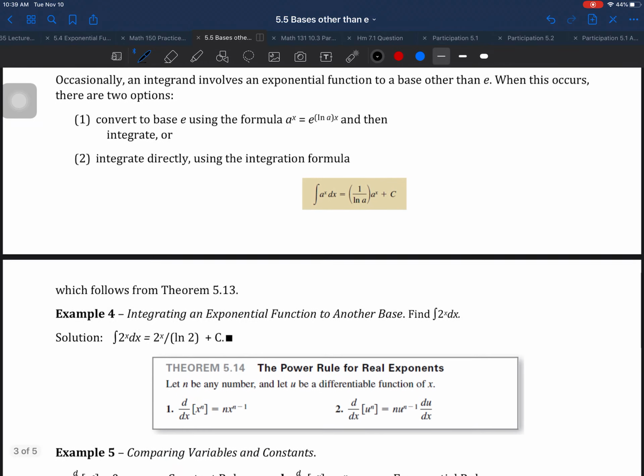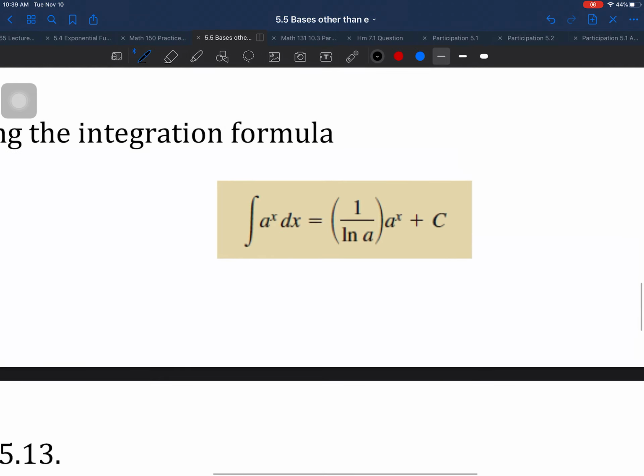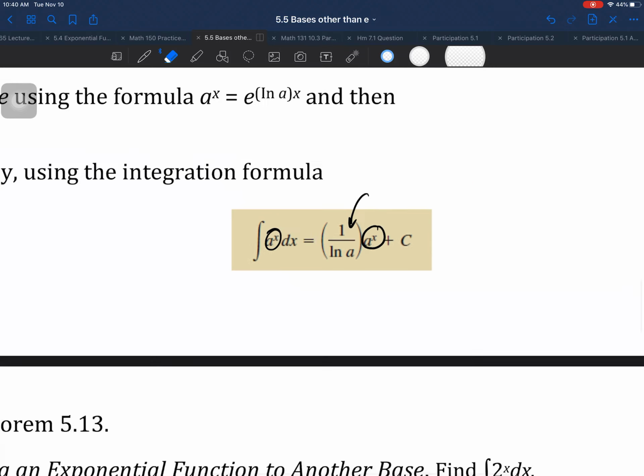So the integral of an exponential will basically be itself, just like e to the x is itself, except that we're going to have to divide by the natural log of a, divide by the natural log of its base, and that will give us the antiderivative of it, right?